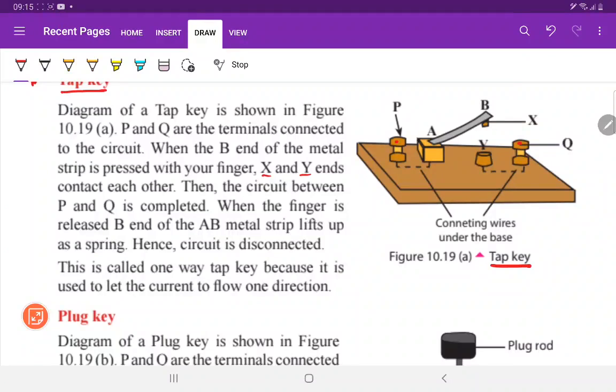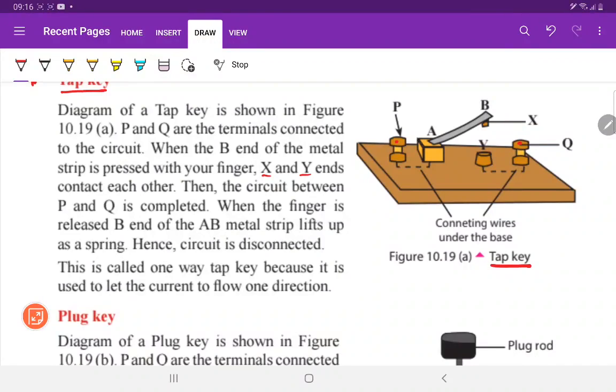When there is a doorbell, have you all seen the ringing bell near the door? When you press, the doorbell will be working. When you lift the finger from the switch, it will stop ringing, isn't it? So when the finger is released, the B end of the AB metal strip lifts up like a spring. Hence, the circuit is disconnected.